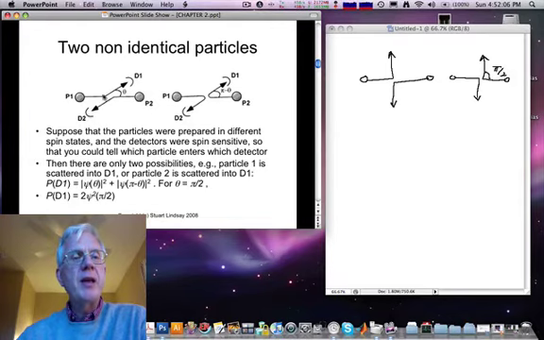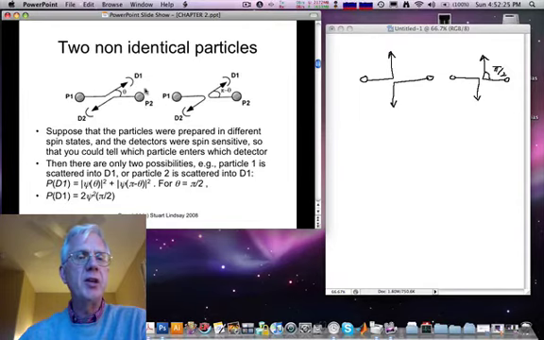So in that case, these two are completely distinguishable, and so to find the probability that a particle ended up in detector 1, we would simply add the probabilities, i.e. the square of the probability amplitude for particle 1 scattering into D1, plus the square of the probability amplitude for particle 1 scattering into D2, we just add them together.